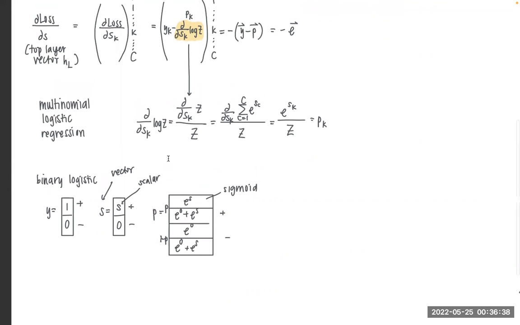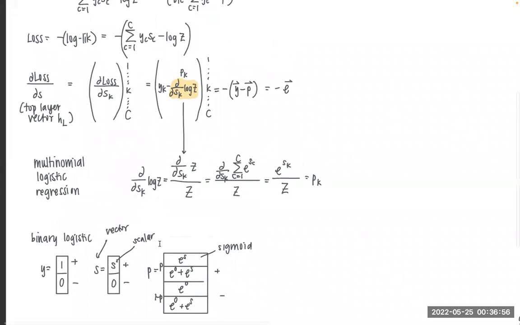But for the multinomial situation, with 1,000 categories or 10,000 words, we don't need to bother with setting the score for one category to be 0. We just use continuous values.